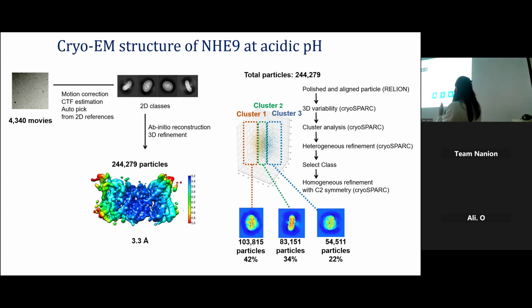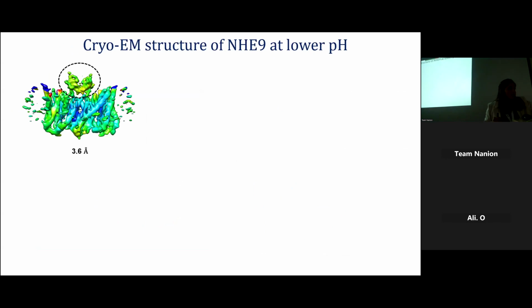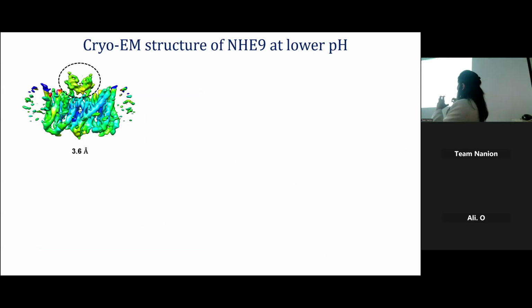We extracted those, and using 3D variability analysis, we did some cluster analysis, and then we refined those clusters, and then we picked out 42% of the particles which had this loop density and tried to resolve the loop domain structure. In this structure, we could actually see the loop domain, but the TM regions were poorly resolved.